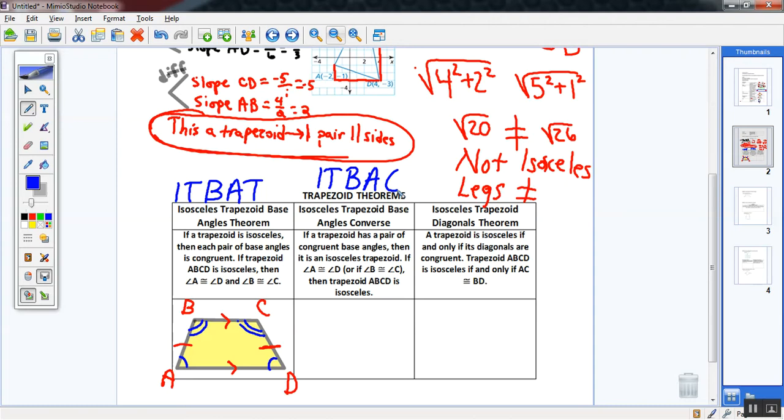So I'm going to draw a trapezoid. The assumption is you have what shape right off the bat? Trapezoid. So it's saying, hey, we have a trapezoid. And if it's a trapezoid, what must be true about the top and the bottom, the way I'm drawing this? Parallel. Okay, let's label A, B, C, and D in here.